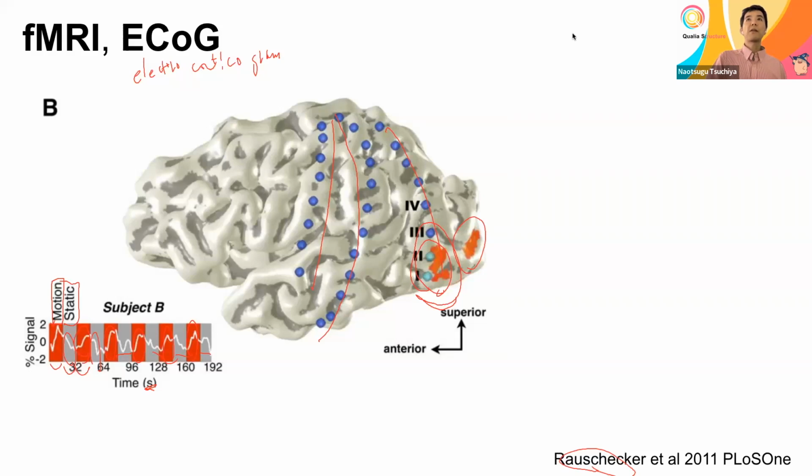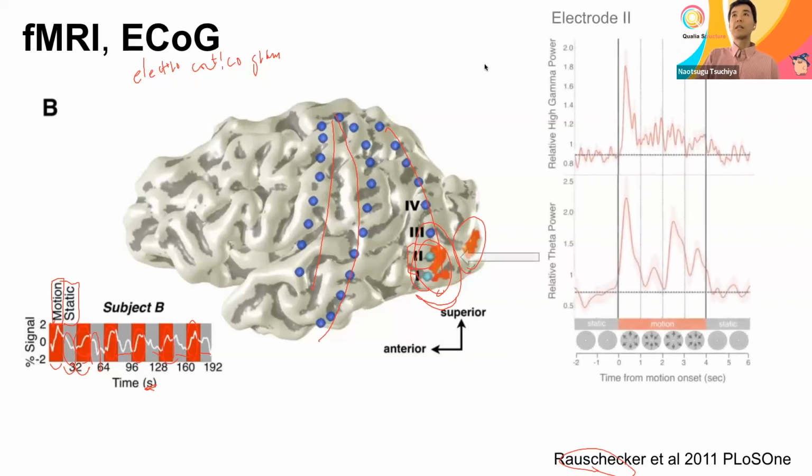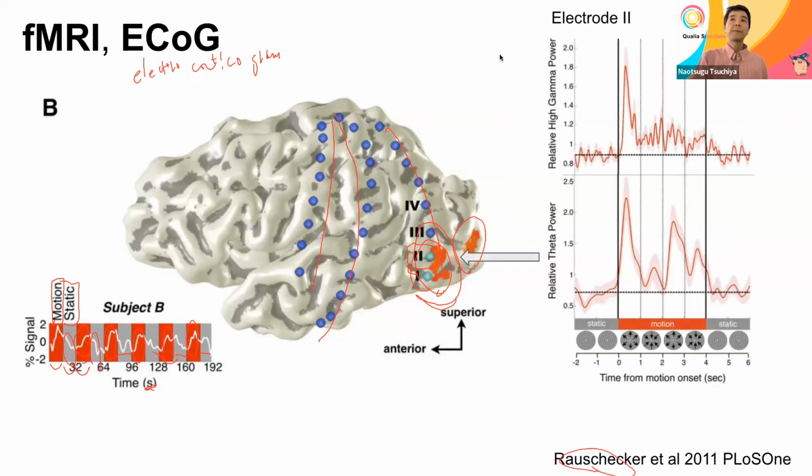In this particular patient, it happened to be the case that electrode 2 sits right within this fMRI-defined MT area. So what the researchers did was look at how this area actually responded to the moving stimuli.